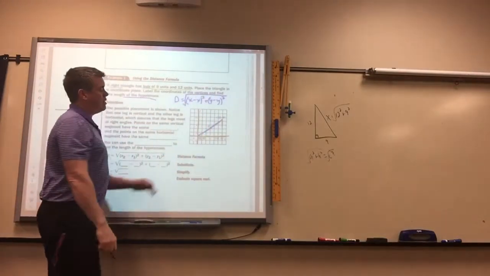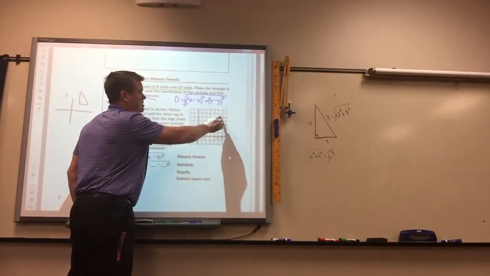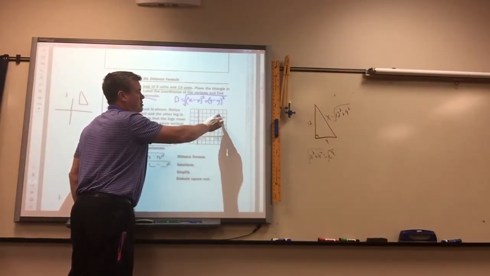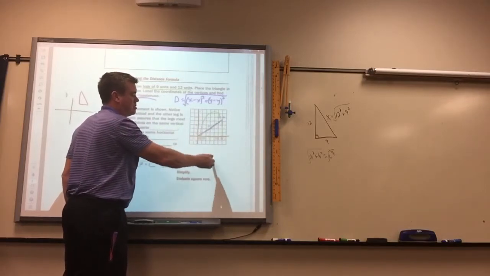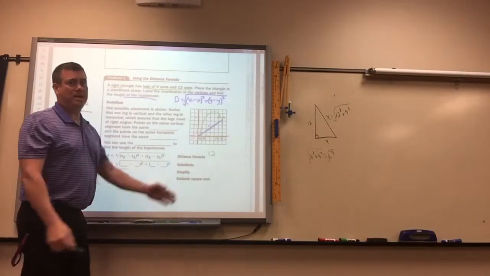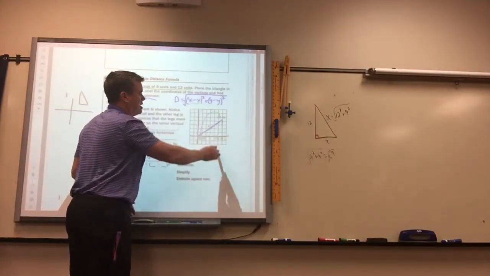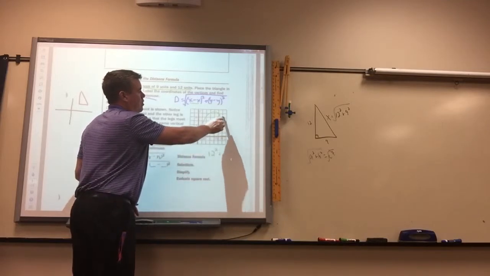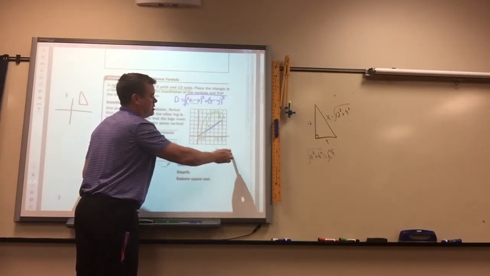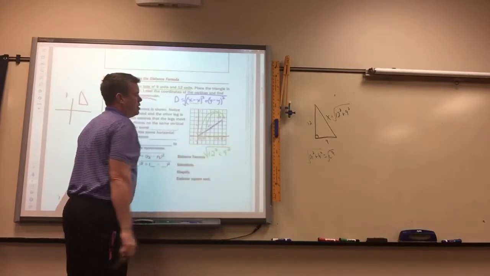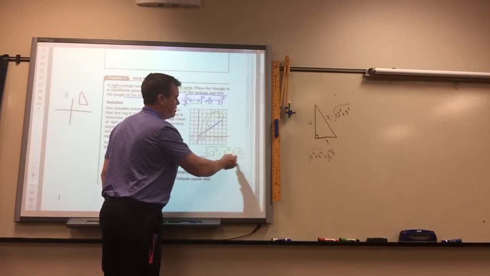So the reason why it works nice if you got 0, 0, when I take this x, remember x is the first term, minus this x, 12 minus 0 is 12. It's just easy to do in your head when you've got 0, 0. So that's 12 squared plus the y minus the y, 9 take away 0 is 9 squared, and then you square root it. And it turns out to be 15.